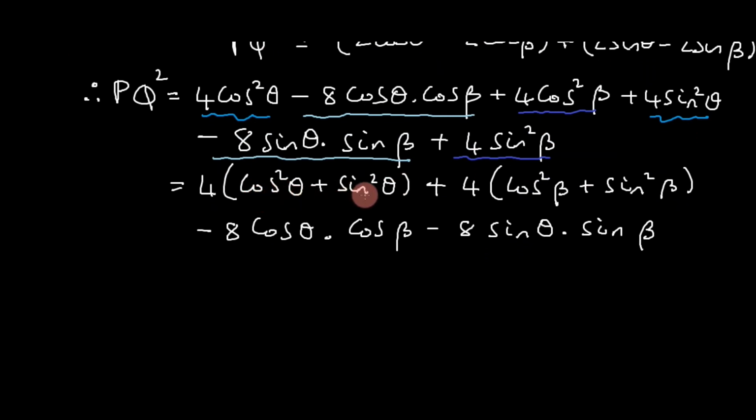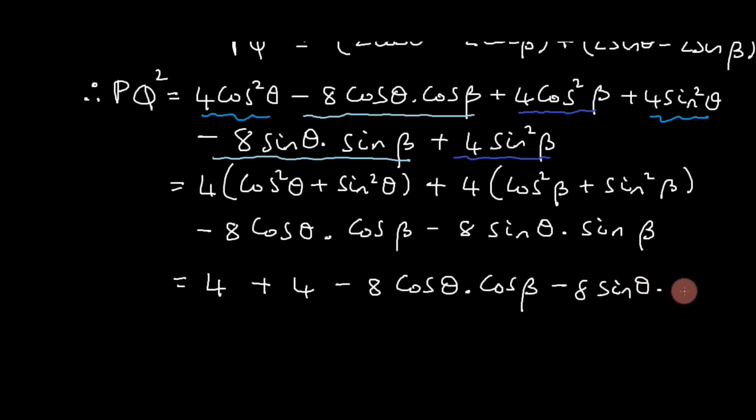Cos squared theta plus sine squared theta is 1, so it's basically 4 times 1, or just 4. And the same over here: cos squared beta plus sine squared beta is 1, so it's just plus 4 over here as well. And then of course we have negative 8 cos theta cos beta minus 8 sine theta sine beta. And now we can add the 4's to get an 8 here.